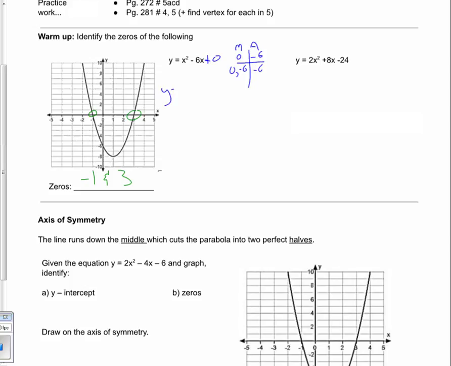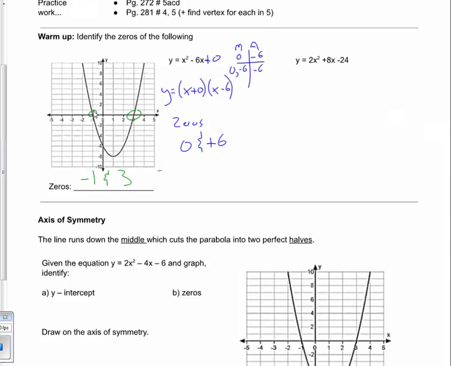In this instance, y is going to equal x plus 0 times x minus 6. Therefore the zeros are going to be 0 and +6.